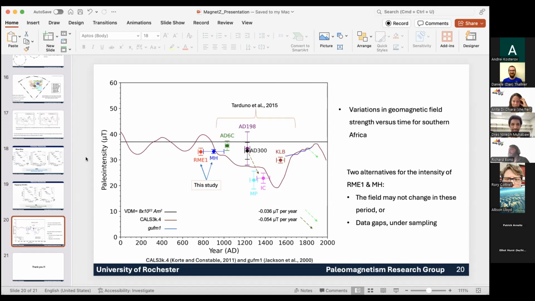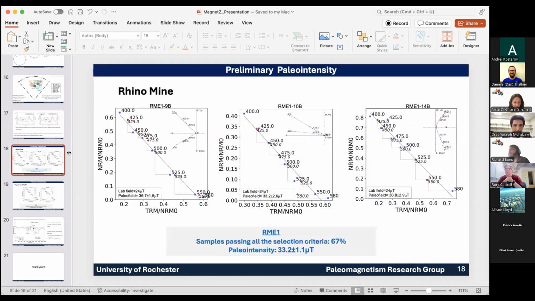Thank you very much, and hard work, I believe. I was just wondering about your paleo-intensities in slides 18 and 19. What happened below 400 degrees centigrade? You show the orthogonal plot from room temperature, but you only show paleo-intensity above 400.